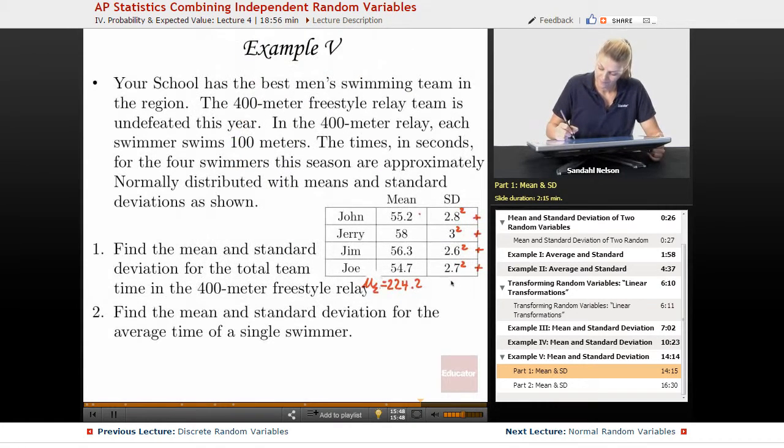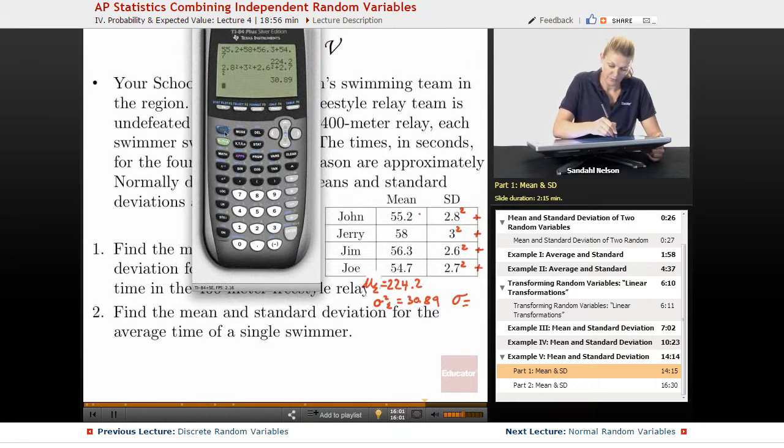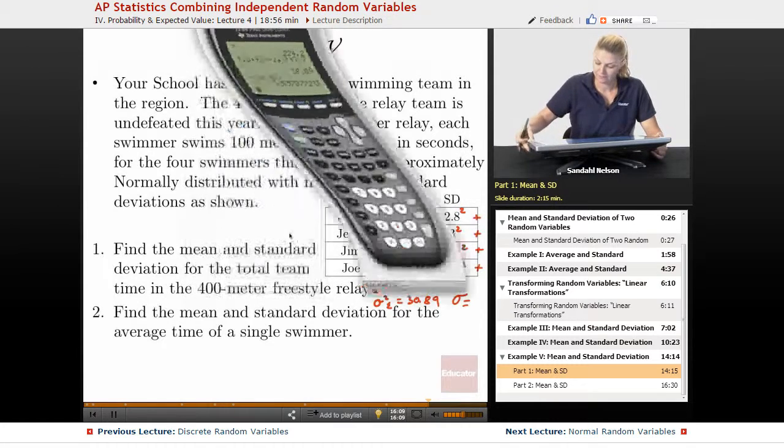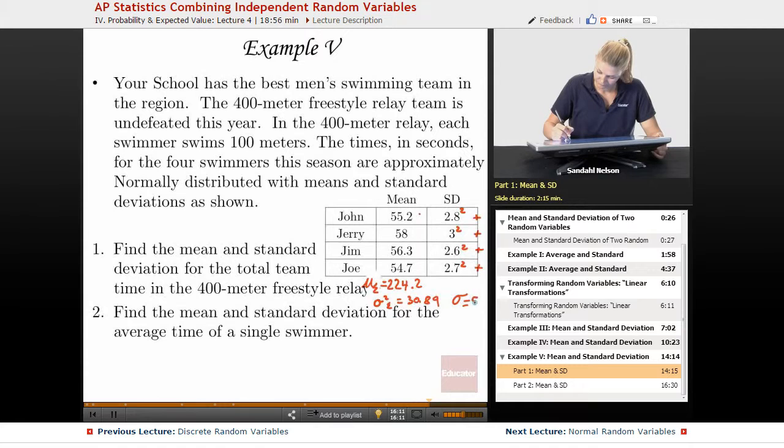So the variance of the sum is 30.89, which means that the standard deviation is square root of 30.89, or 5.6 we'll round it to. Okay, so that should be very easy. Moving on to the next one.